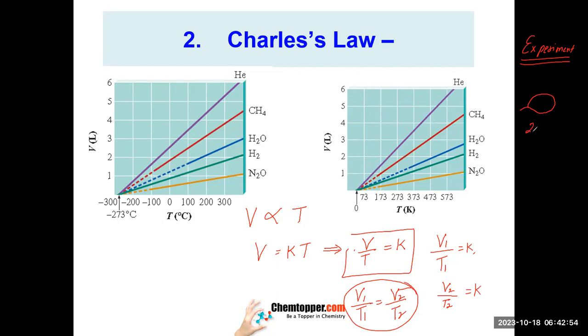At 20 degrees Celsius, let's say this is T1. I raise the temperature to 40 degrees Celsius, temperature T2. So what you have observed in a balloon when the temperature goes up, what happens to the volume of the balloon? Increases.